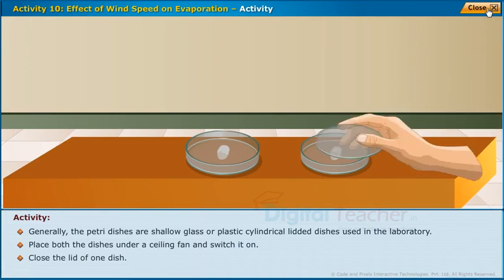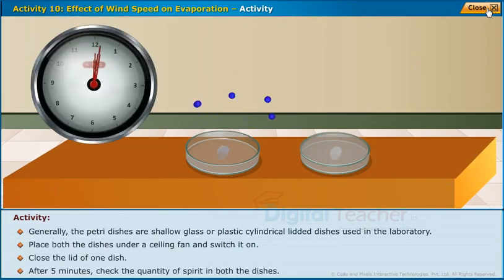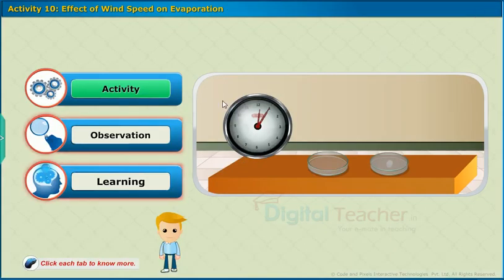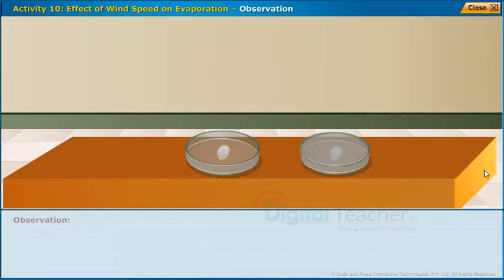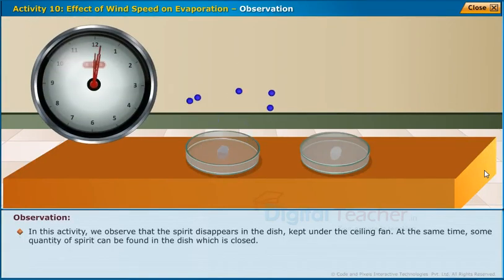Close the lid of one dish. After 5 minutes, check the quantity of spirit in both the dishes. In this activity, we observe that the spirit disappears in the dish kept under the ceiling fan. At the same time, some quantity of spirit can be found in the dish which is closed.